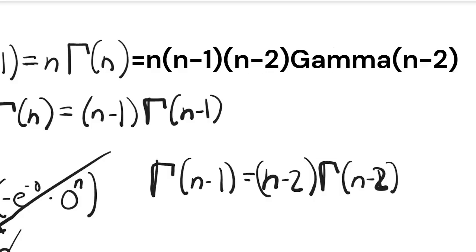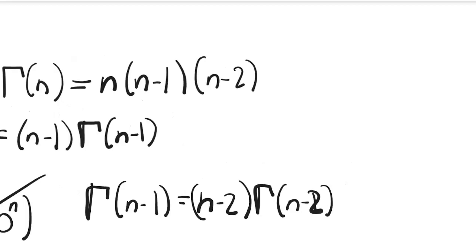So n minus 2. But I'm sure that you have assumed that gamma of n minus 2 is going to be equal to n minus 3 times gamma of n minus 3. So this will go n minus 3, and the pattern keeps on and on until we get to 1.